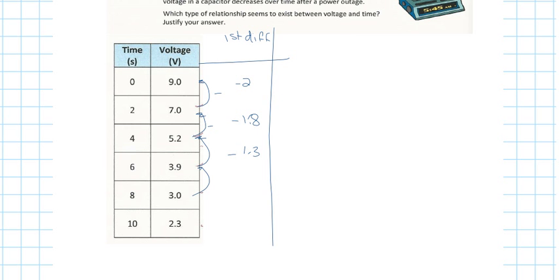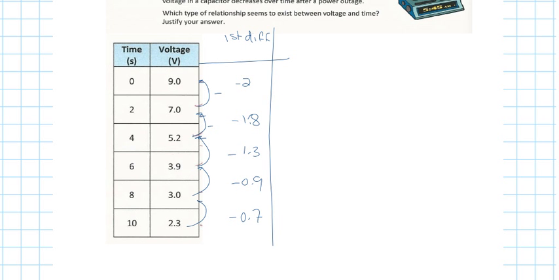Negative 0.9. And negative 0.6. Okay, so in this case, if I'm looking at the first difference, I can tell that it is not linear because my first difference is not constant, right? So this is where I need to go on and do the second difference, okay?